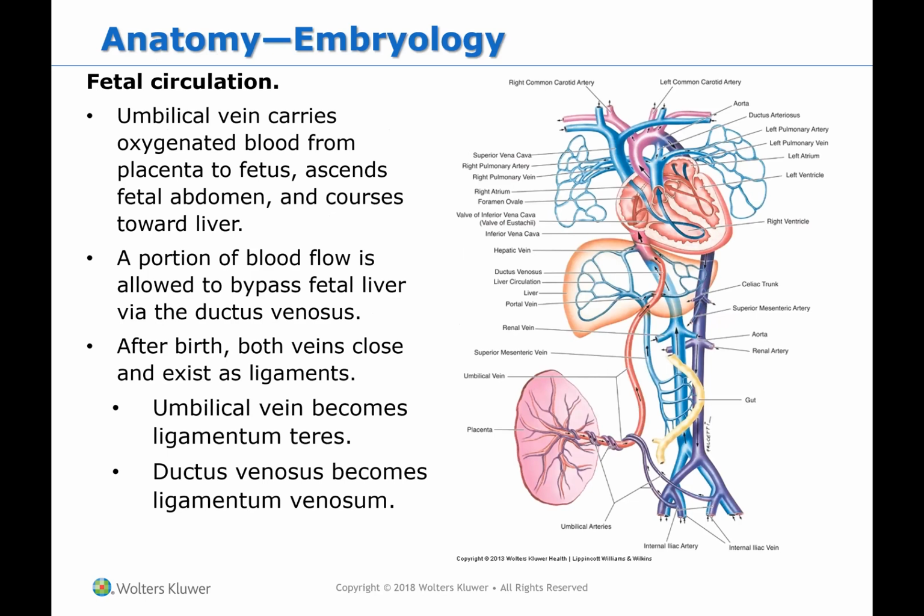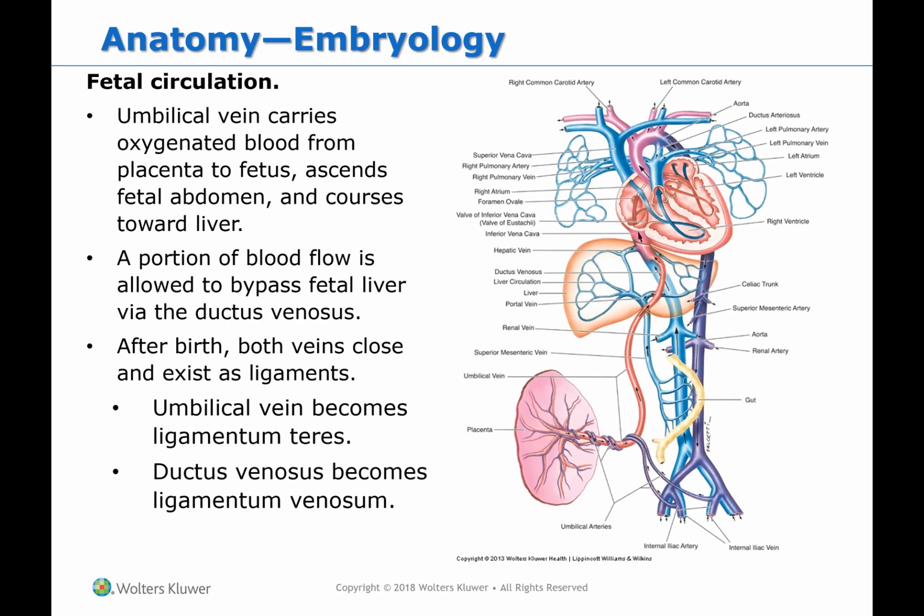I'm not going to go over embryology too much, but there are a couple things I want you to know. In the fetus, the umbilical vein carries oxygenated blood from the placenta to the fetus, ascends the fetal abdomen, and courses to the liver. A portion of the blood flow is allowed to bypass the fetal liver via the ductus venosus.